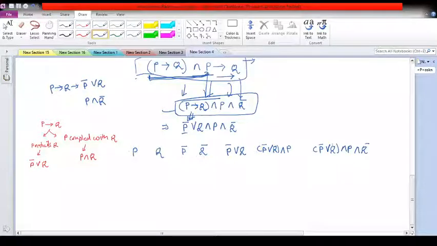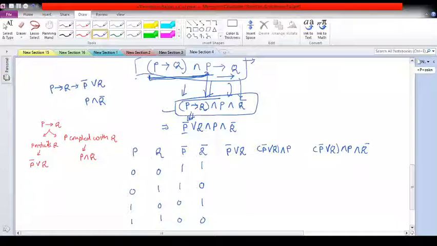What are the possible statements we can make? P: 0 0, 0 1, 1 0, and 1 1. Now what will be P bar? P bar will be 1 1 0 0. What will be Q bar? It will be 1 0 1 0.